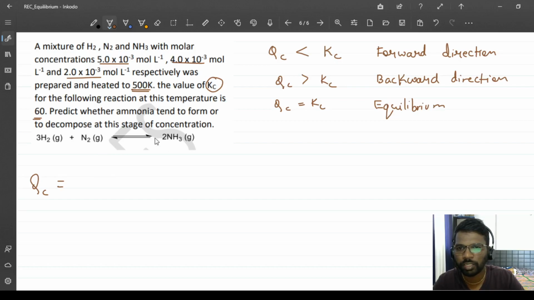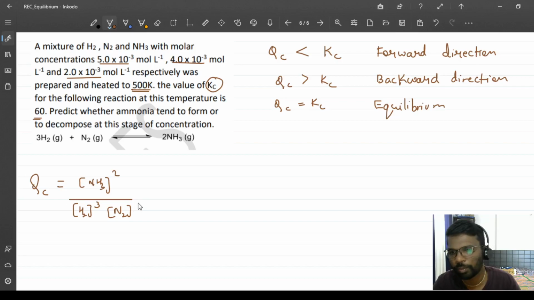For this reaction, the coefficient of NH3 will be 2. But these concentrations are not at equilibrium. So what is the concentration of NH3?